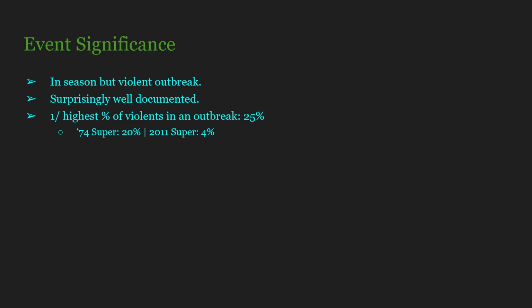It's not exactly 20%, I know, but we're rounding up because you can't have 0.1 of a tornado be violent, technically. Technically you can, but no. I'm not playing that game. And with the 2011 super outbreak, 15 out of 360 were violent, so that is 4%.